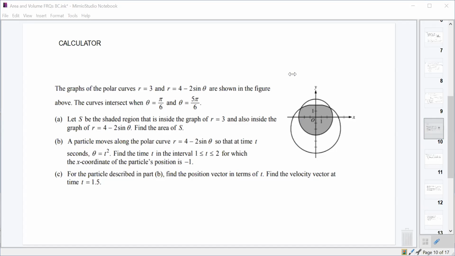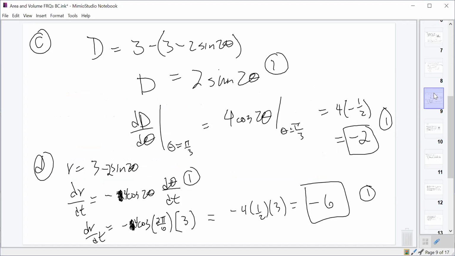Why do we not find the x and y functions and do dy d theta over dx d theta? For part D, is that what you're talking about, Nick? Yeah, well, there's no particular reason to do that because it's not asking us to find dy dx. Those things find us the slope of the tangent line.